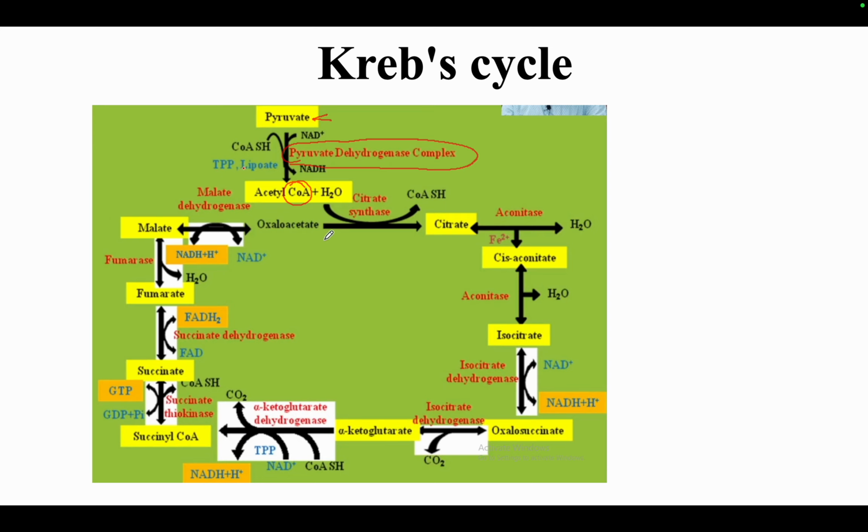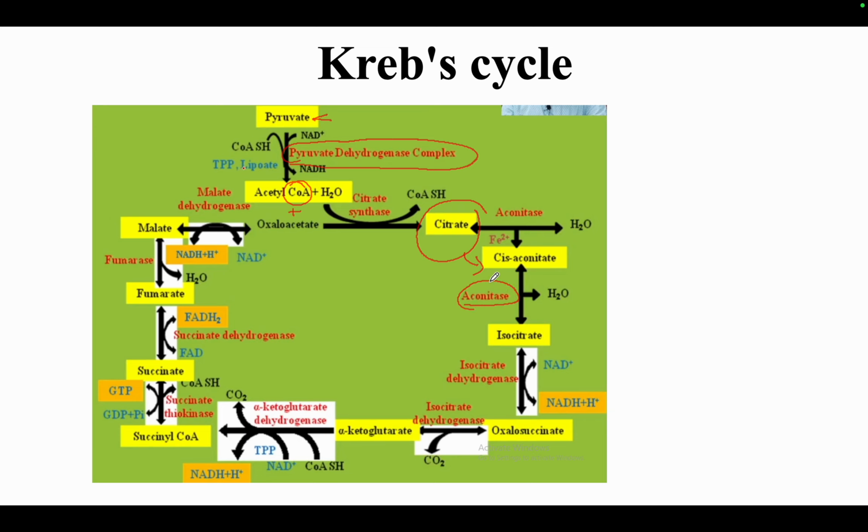It's a cycle, that is, at the end of the cycle, we'll get our acetyl CoA back. So what is happening? Acetyl CoA plus oxaloacetate, we get citrate. Then citrate is converted to cis aconitate by the aconitase enzyme, then cis aconitate to isocitrate by again the aconitase enzyme.